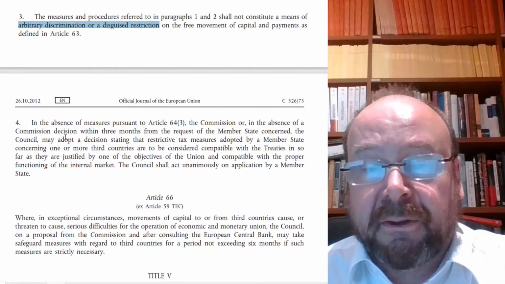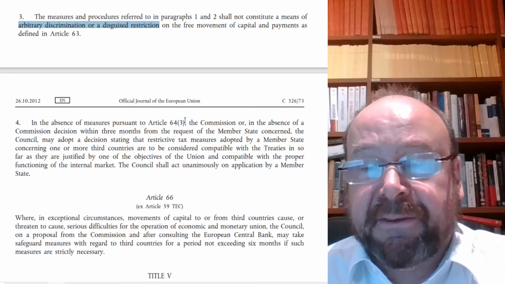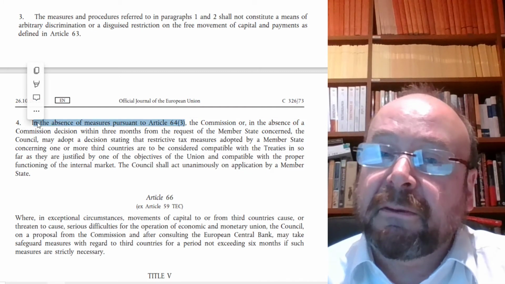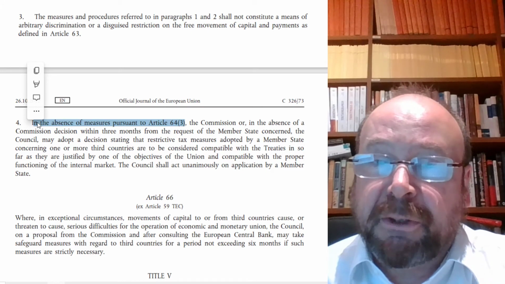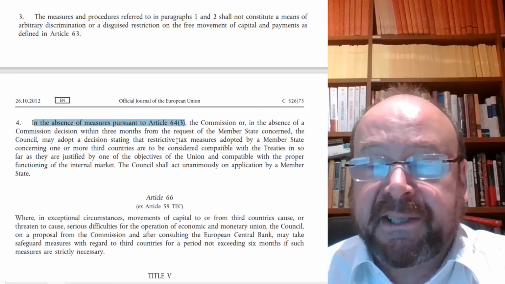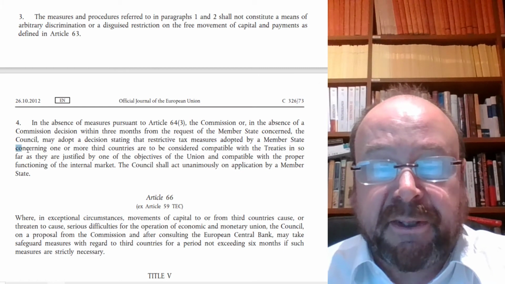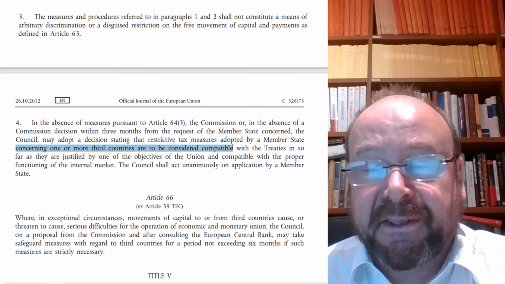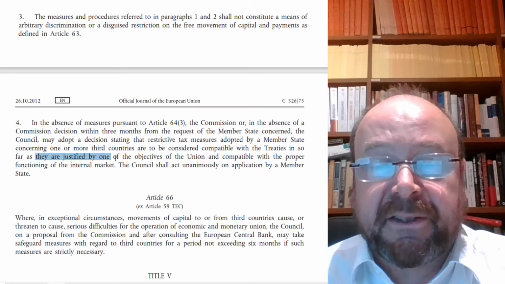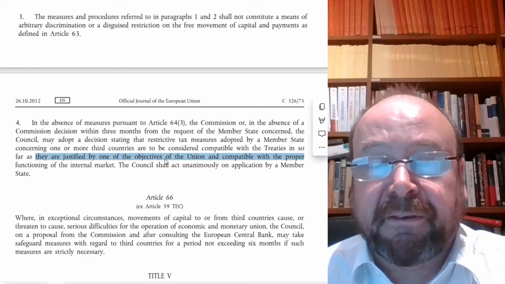A paragraph 4 has been added sometime later. If there are no measures taken unanimously by the Council which introduce new restrictions, the Commission can adopt a decision which states that restrictive tax measures adopted by a member state concerning one or more third countries are to be considered compatible with the treaty, insofar as they are justified by one of the objectives of the Union and compatible with the proper functioning of the internal market.